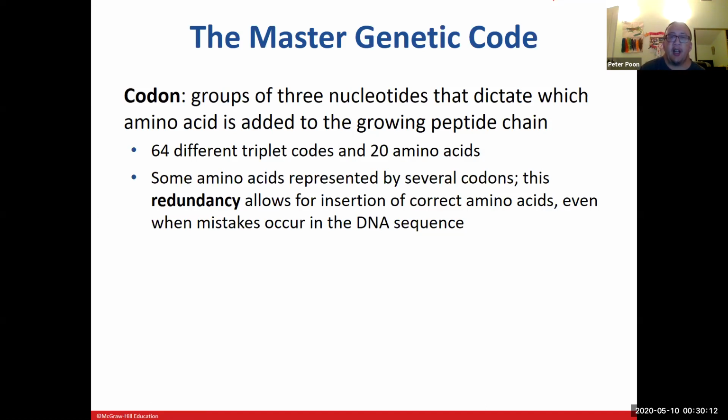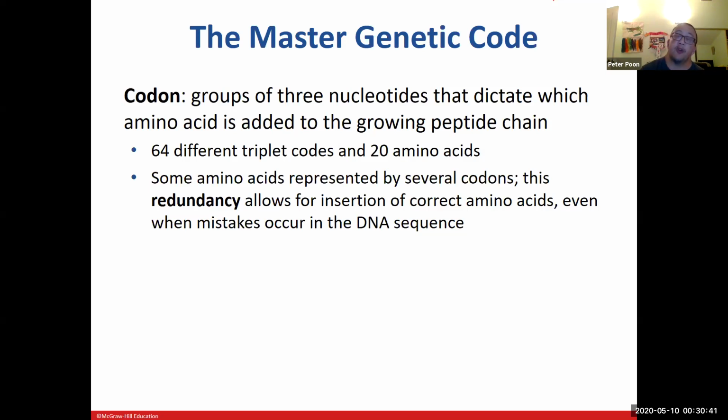The genetic code is made of codons. A codon is a group of 3 nucleotides that dictate which amino acid is added to the growing peptide chain. Because there are 4 different nucleotides, A, U, G, and C, there are 4 to the 3rd different codes, so 64 different codes.